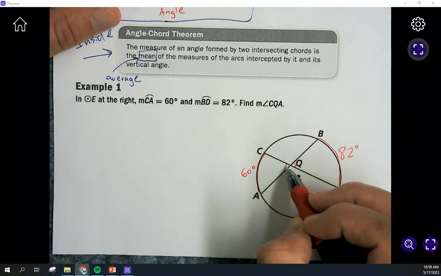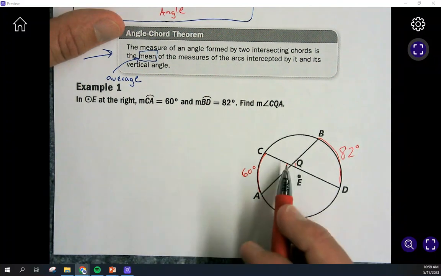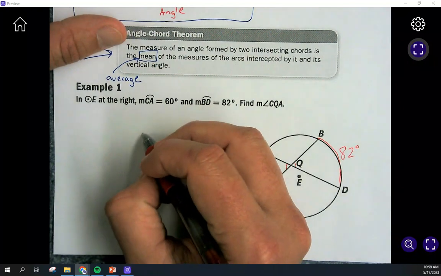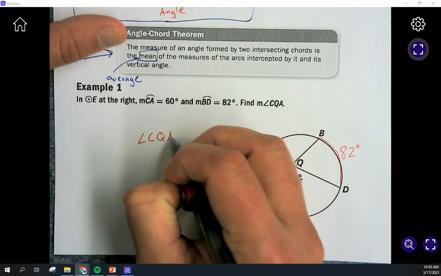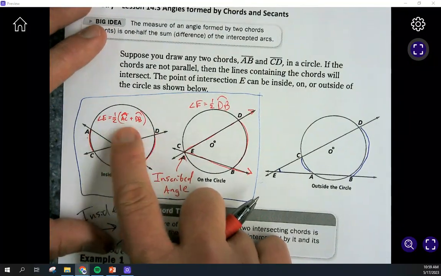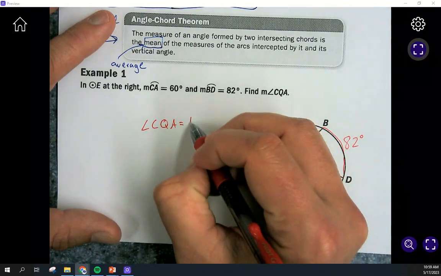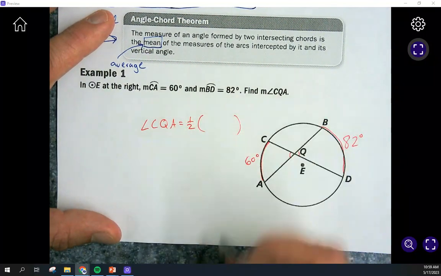So we're going to go ahead and find CQA using this theorem. CQA is this angle right here. It's going to be equal to this one. So finding BQD would be the same thing. So finding this one, CQA, all I have to do is use the formula right here. It's half of the two arcs added together. So my two arcs are 60 and 82. So it's going to be half of those two arcs.